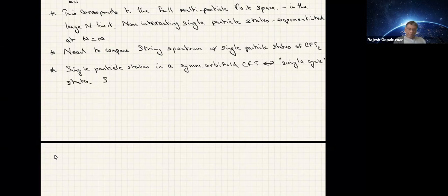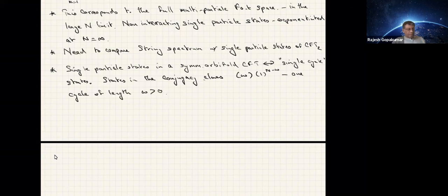These are states in the conjugacy class where I have one cycle of length W and the rest are trivial cycles. So this partition where I have one cycle of length W, which can be greater than 0. So this is the analog of the single trace operators in Yang-Mills.